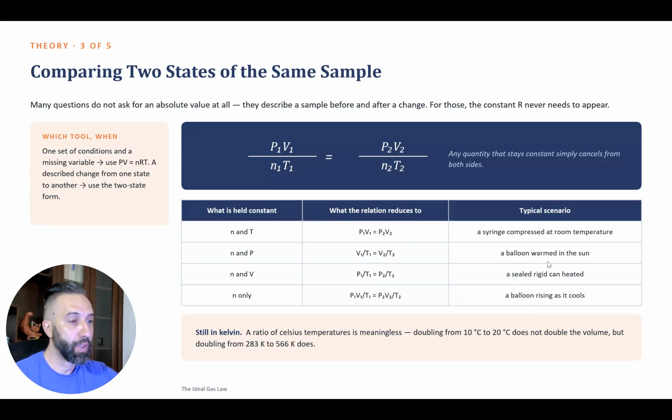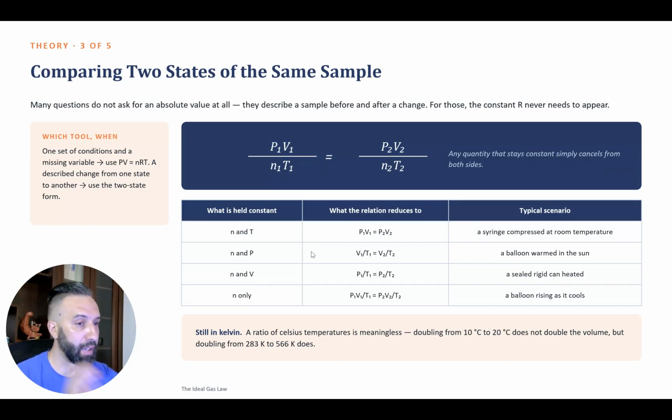A balloon warmed in the sun. So again, n and P are going to be constant. A sealed, rigid can, which is heated. When they tell you rigid, you should know that that's like a code for V being constant, and it's sealed, so n is constant.